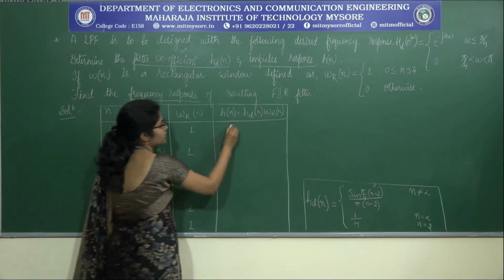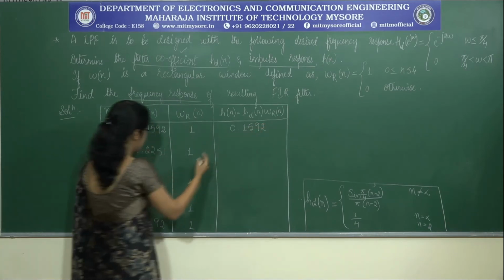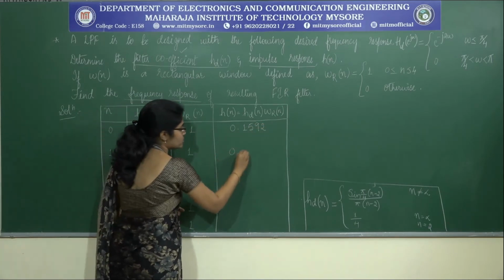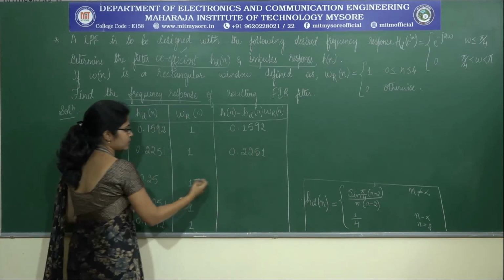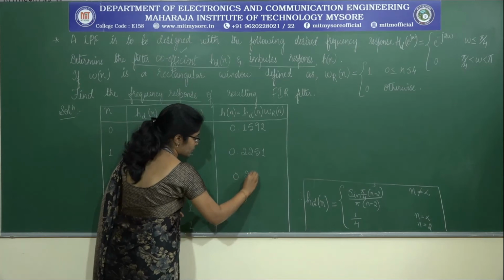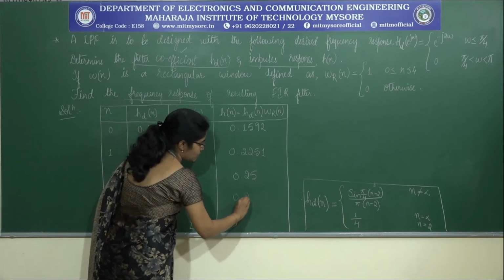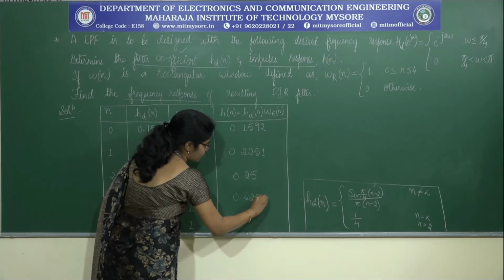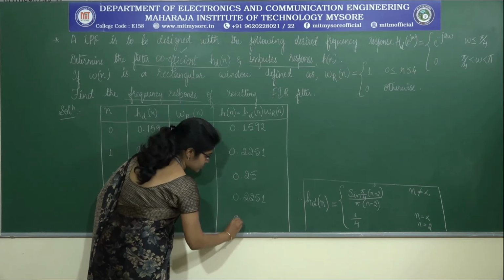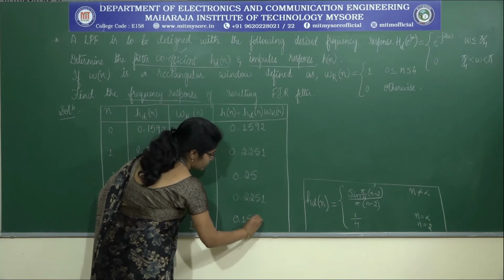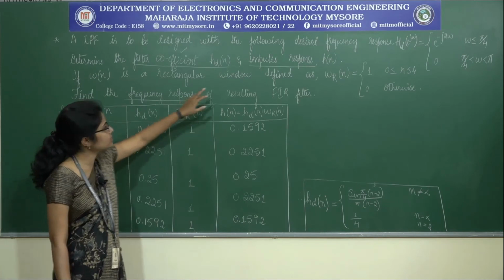So if I multiply these two, it gives us 0.1592. Similarly, multiplying these two gives us 0.2251. Again, multiplying these two gives us 0.25. Multiplying these two gives 0.2251. And finally, multiplying these two gives us 0.1592. So what we did? We completed the second question also.